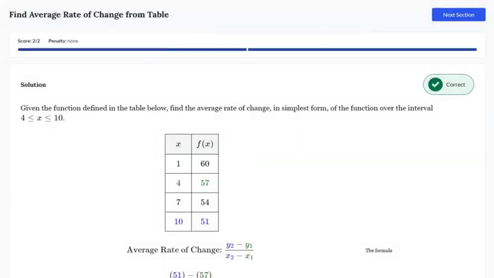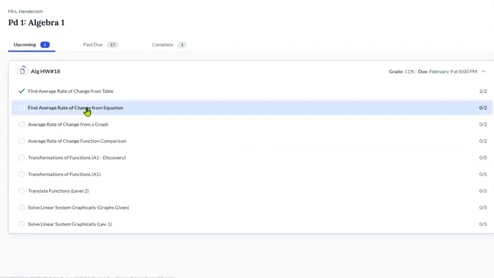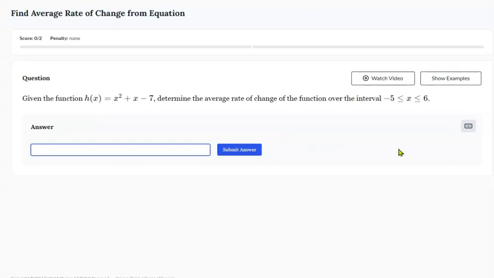Alright, now we're going to try the second topic. We'll be finding the average rate of change from an equation, and we'll follow the same process. You still need to look at a table of points, and you still need to be given the x-coordinate values from the interval over here.